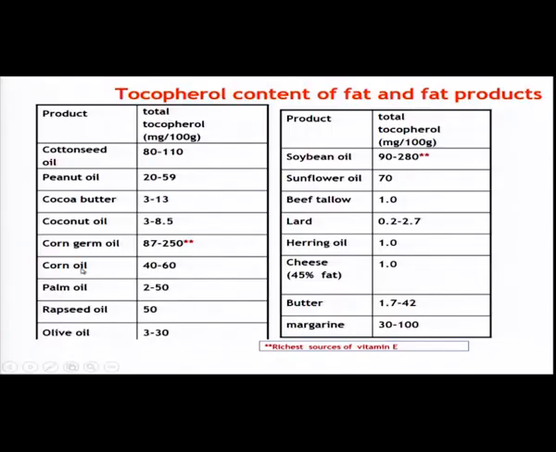Now here you have one more list, and as I have told you earlier, we have a little more extended list of alpha tocopherol products. You see most of them, like palm oil, rapeseed oil, olive oil, and all the nuts, are an excellent source of vitamin E. Then from the animal source, apart from sunflower and soya bean, here you have tallow, lard, the herring oil, the cheese, the butter, the margarine, and all these are also good sources.